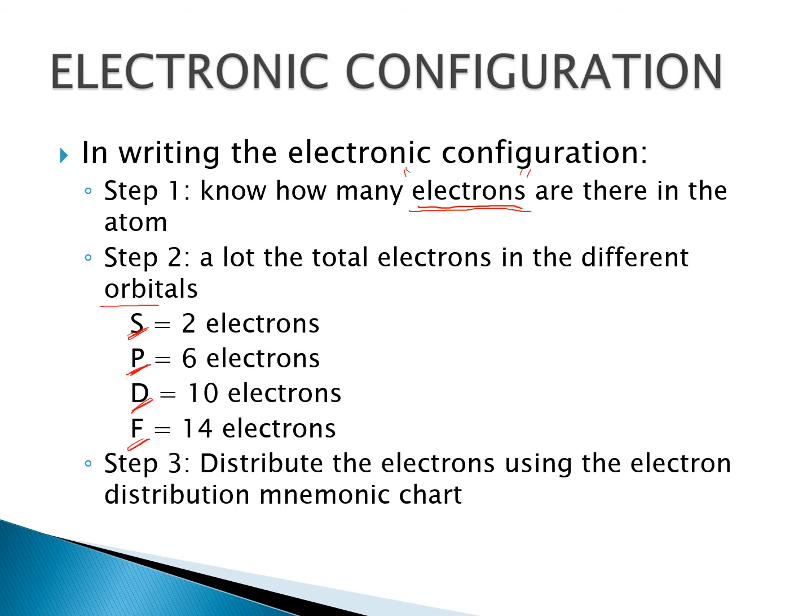So basically, there are 4 types of orbitals: S, P, D, and F orbitals. Now, take note, class, that for the S orbital, the maximum number of electrons that can be found in an S-type orbital is only 2 electrons.